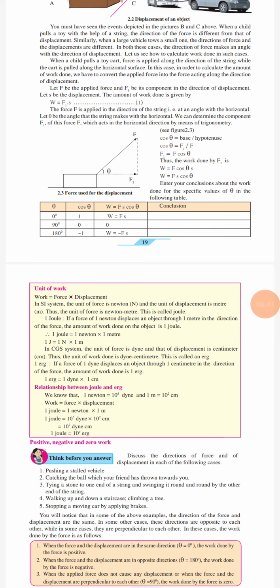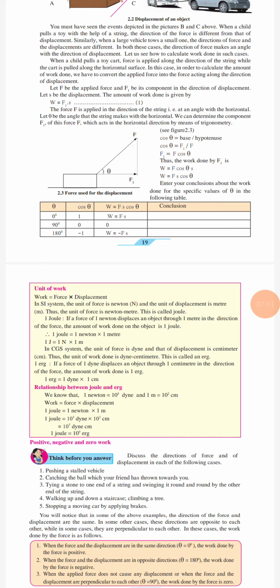But in the other case, as in catching the ball, the person is throwing the ball in front of you, that is in the opposite direction. While in some other cases, you will observe they are perpendicular to each other. As in the example of walking up and down a staircase, or tying a stone, you will observe the stone is swinging in the horizontal direction, we can say the perpendicular direction. That we are telling as an example of the perpendicular one.